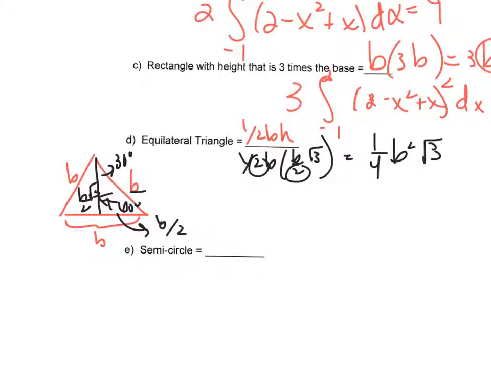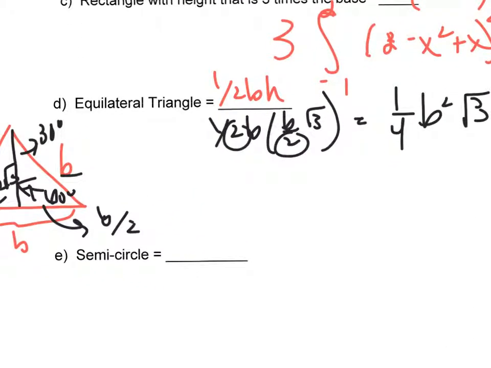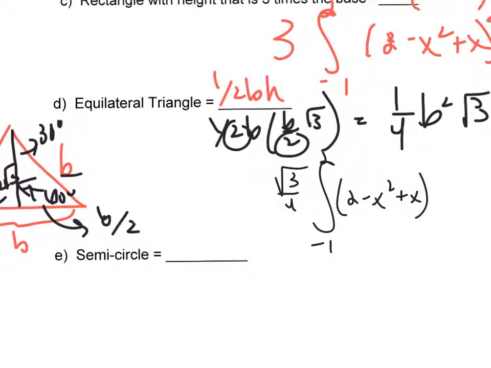So I can actually pull out that radical 3 over 4 and then integrate my -1 to 2 again. 2 minus x squared plus x squared dx. And you get about 20, nope, that's wrong, 3.5. That would be your area of that shape if it was a triangle.